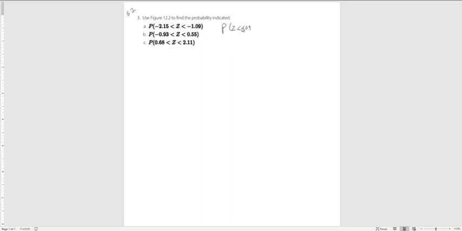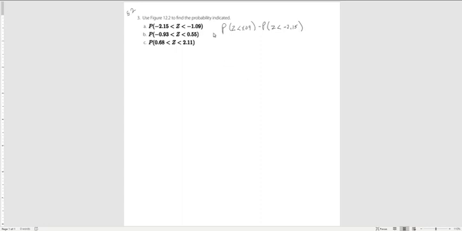So the minus 1.09 is a larger number than minus 2.15, so this would be a greater value, subtracting off the lesser value of the 2.15. That would give us the probability of what's in between.